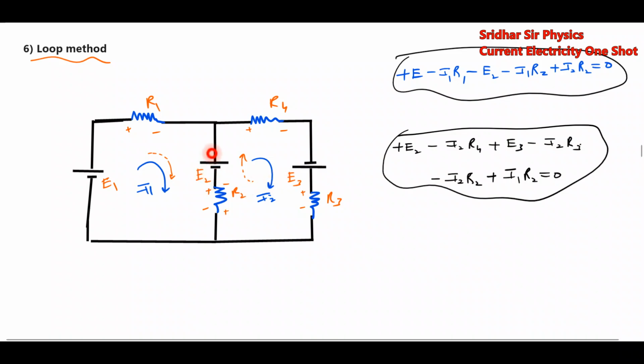How many unknowns are there? I1 and I2, two equations, two unknowns. Solving, we'll get the currents. This is the basic idea of the loop method. If three loops are there, I assume three loop currents. If four loops are there, four loop currents.